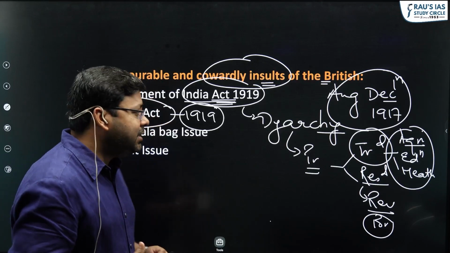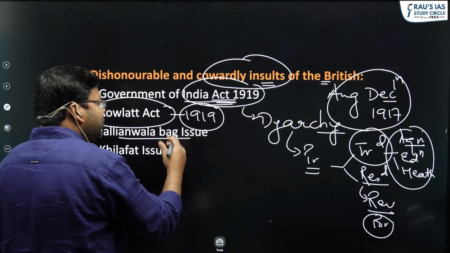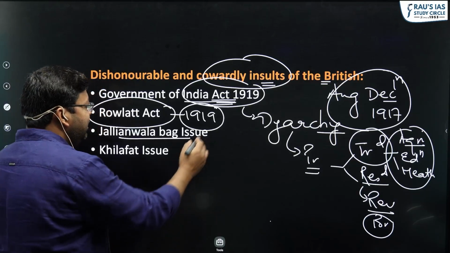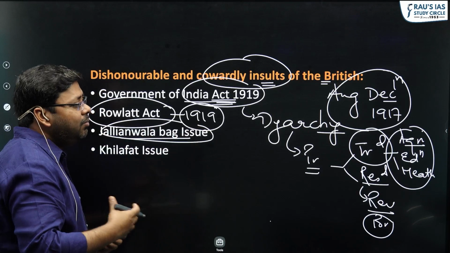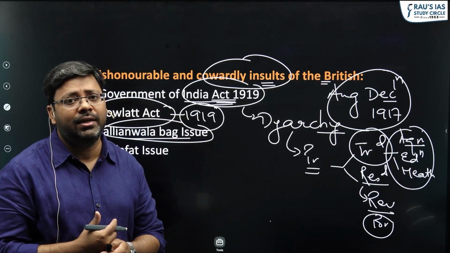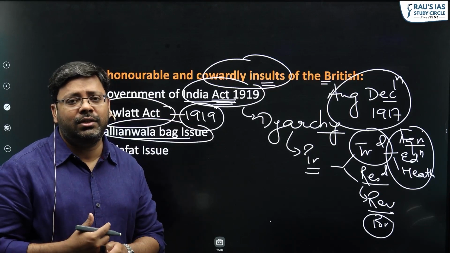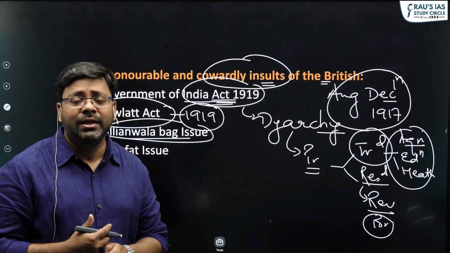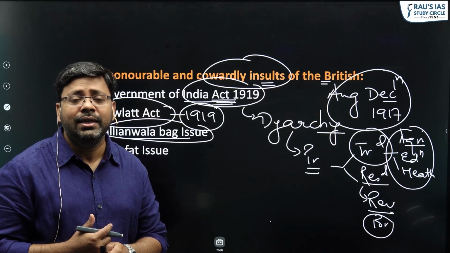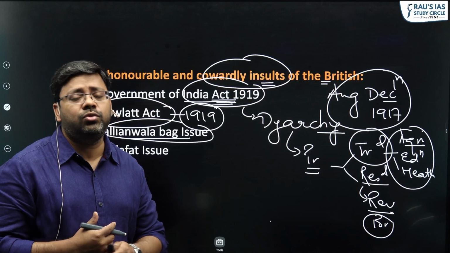Then, the protest against the Rowlatt Act in Amritsar led to the Jallianwala Bagh massacre, in which a big number of people were killed by the cruelty of General Dyer. This massacre by the British government clearly shook the conscience of the Indian people and insulted us to the maximum.